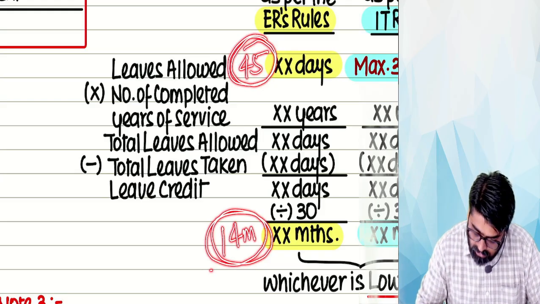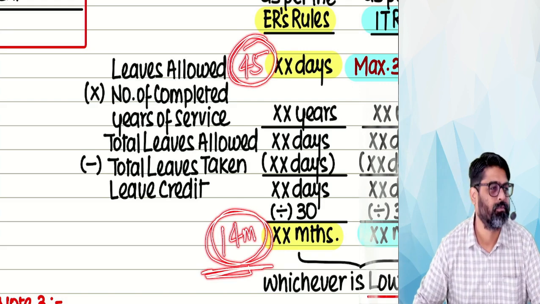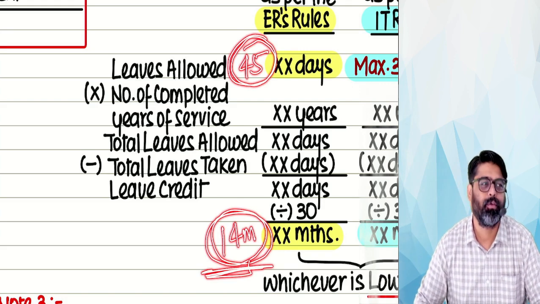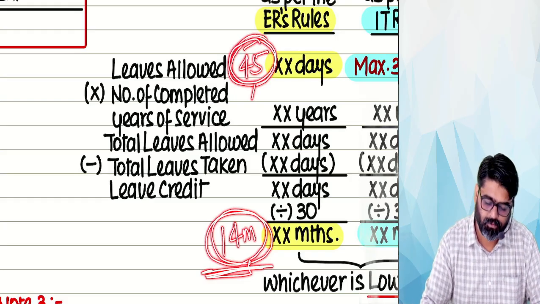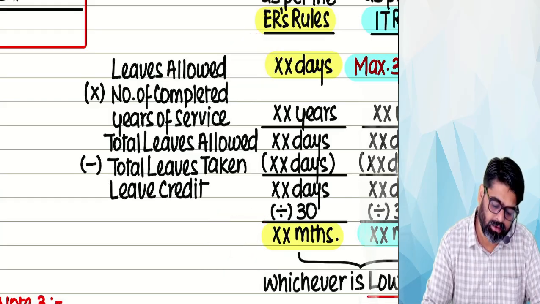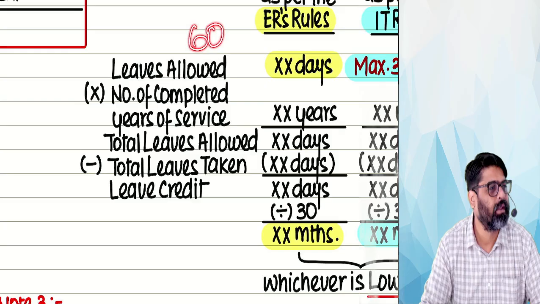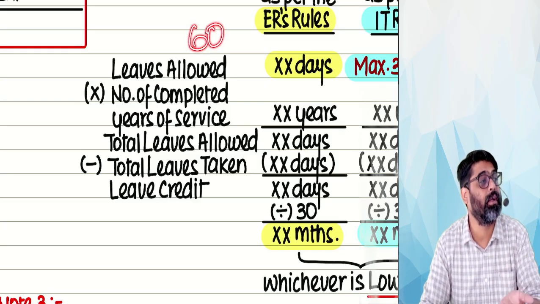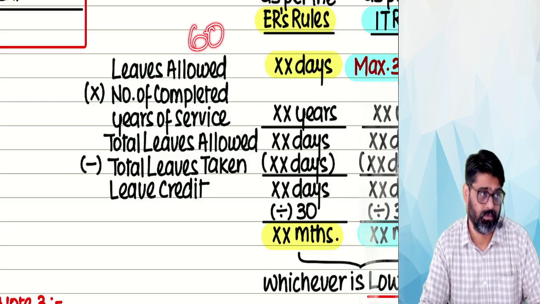Don't you think that this can be manipulated? How? You tell your employer that instead of 45 days, start giving 60 days. In the employment contract, instead of writing 45, you can tell your employer to write 60.